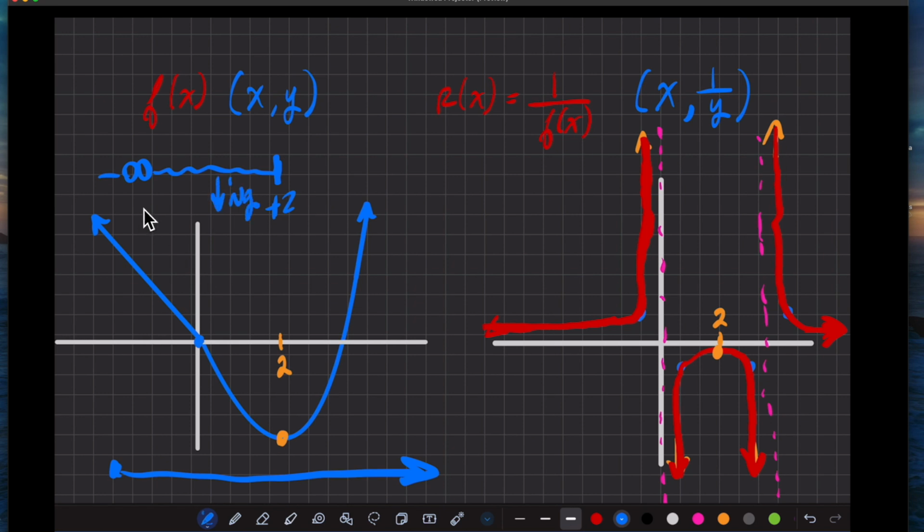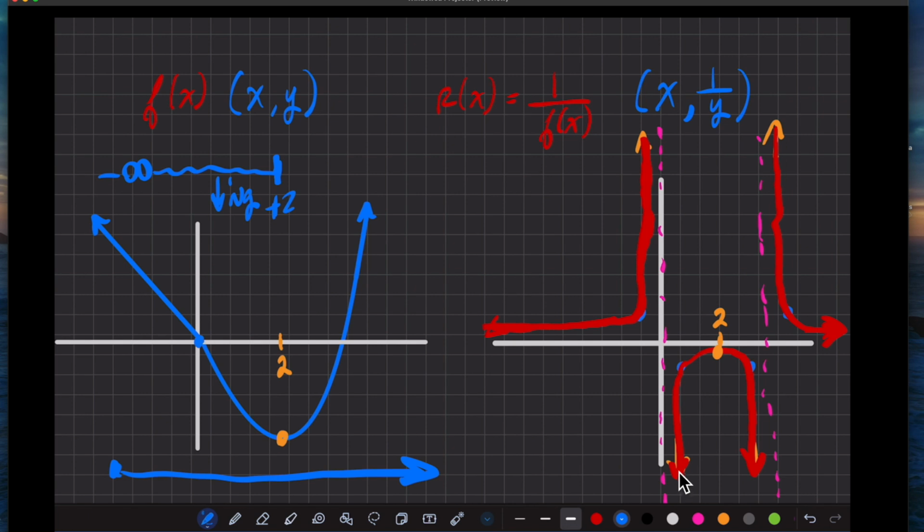All right, let's now jump to that same interval from -∞ to +2 on our reciprocal function. Here we are, we're jumping on the graph. Our y values, as we're moving left to right, what are they doing? They're increasing. We're going to jump off, we're going to get back on the graph. We're going to ignore that arrow.